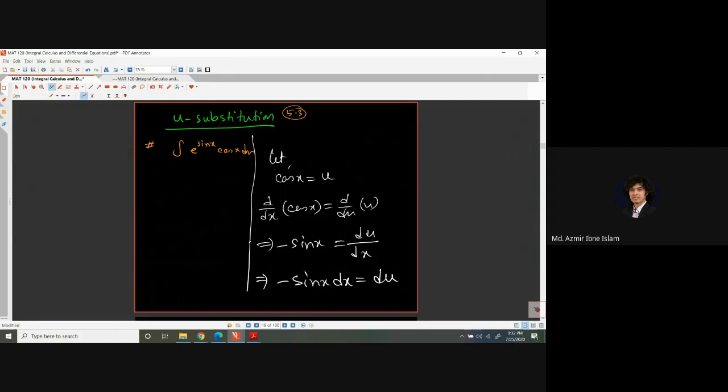So step 1 is done, step 2 is also done, and we have come up to step 3. That means we keep the x terms and dx terms on the left side, and on the right side we keep the u terms. You can see that here we have negative sine x dx. We have e to the power sine x, and cosine x is converted to u.